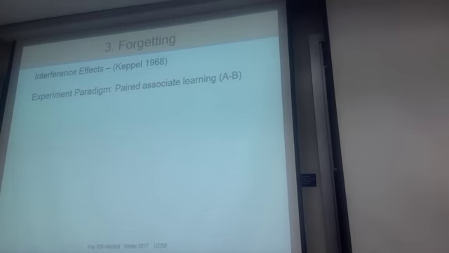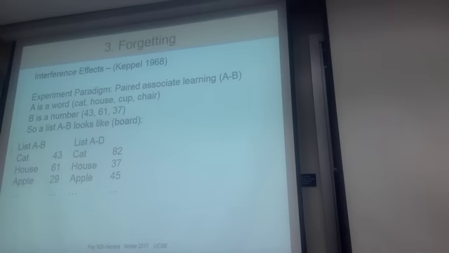They did this paired associates learning again, like the 43 dog, 61 house type task that we saw before. They memorize a list like AB, and then subjects also get either another list like AD, where the same words are paired to different numbers, or a list like CD, where they're totally different words, but the numbers are the same.